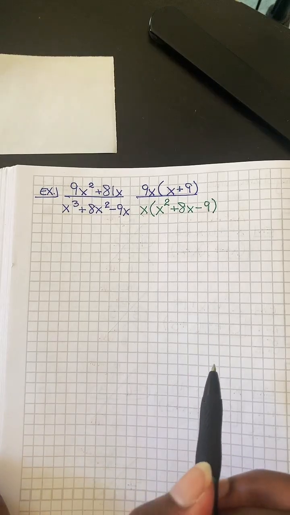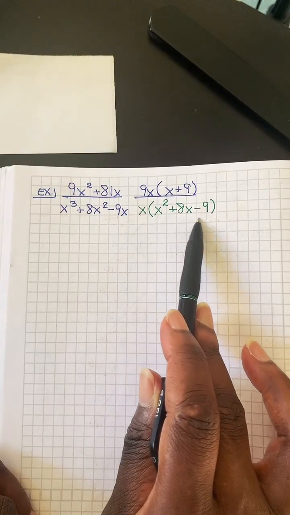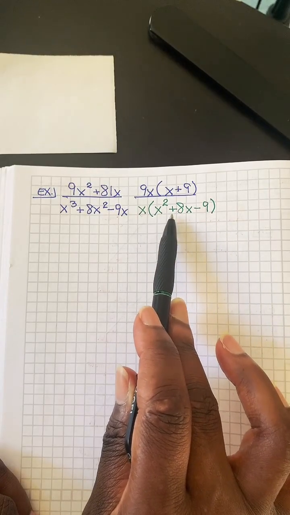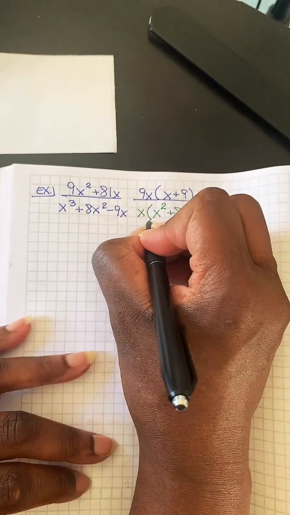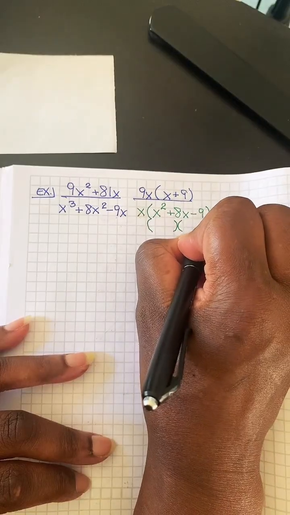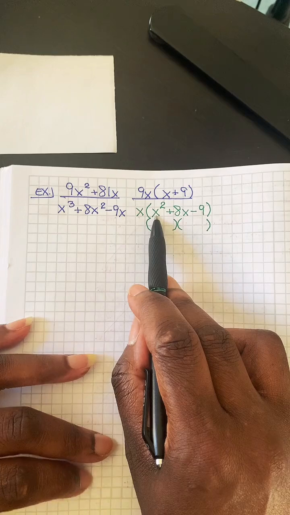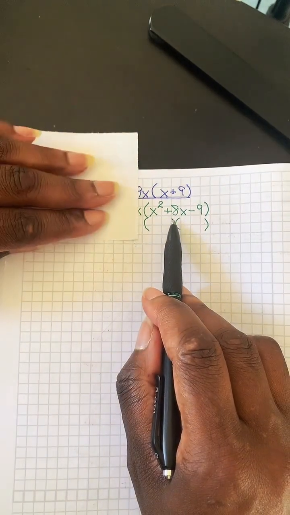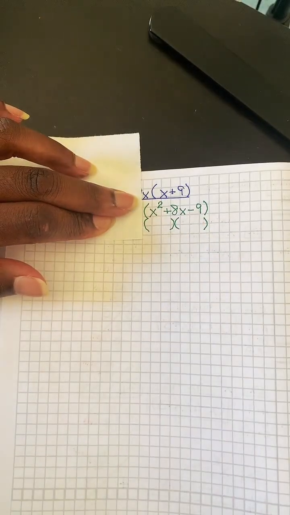Inside this parenthesis, that x squared plus 8x minus 9, we can break that down. Remember this? We're not looking at that x. We're just paying attention to what's here in green.